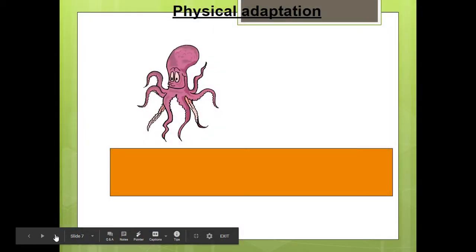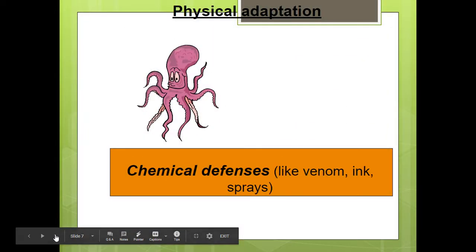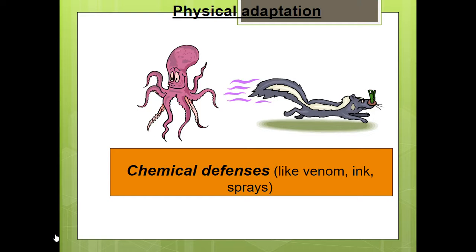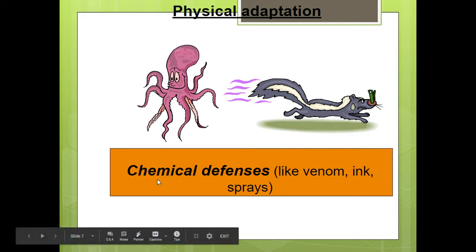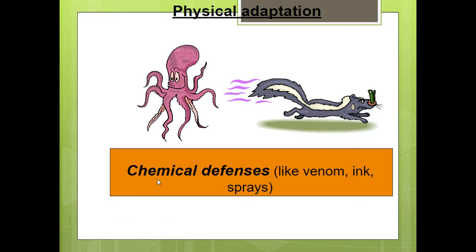One more really great example of physical adaptations or things that animals have that help them survive are chemical defenses. These are ways that animals help protect themselves against predators or against the animals that want to eat them. Really great examples are venom, like that monarch butterfly, right, has that poison, or ink, which is something that an octopus has.